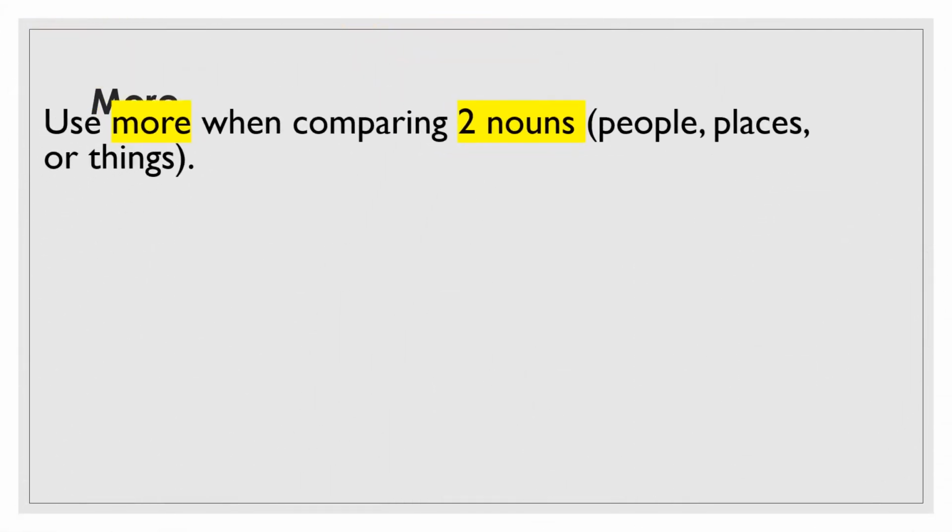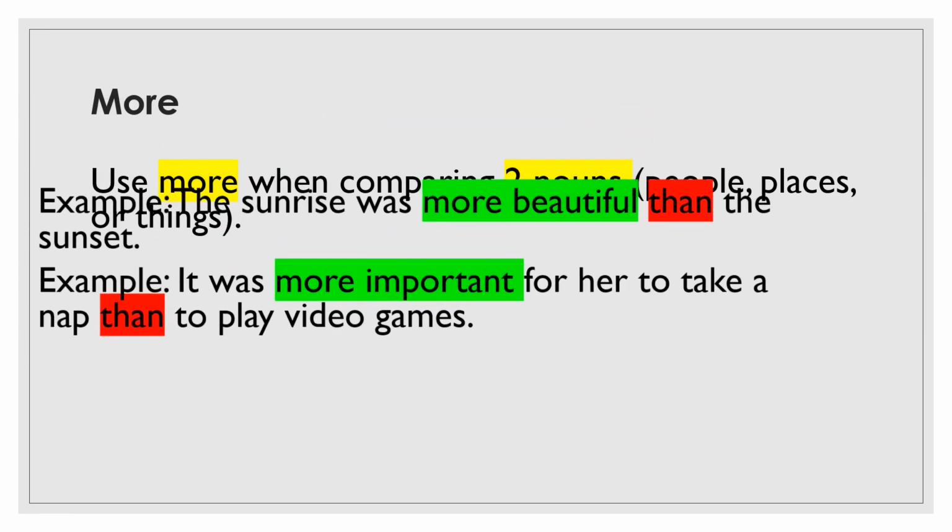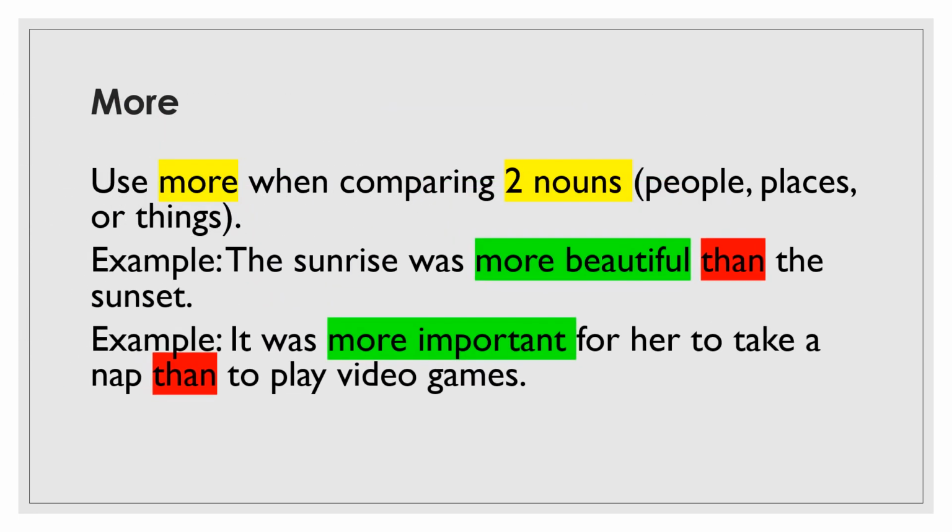When do you use more? Well, you use more when you're comparing two nouns, two people, two places, or two things. For example, the sunrise was more beautiful than the sunset. It was more important for her to take a nap than to play video games.